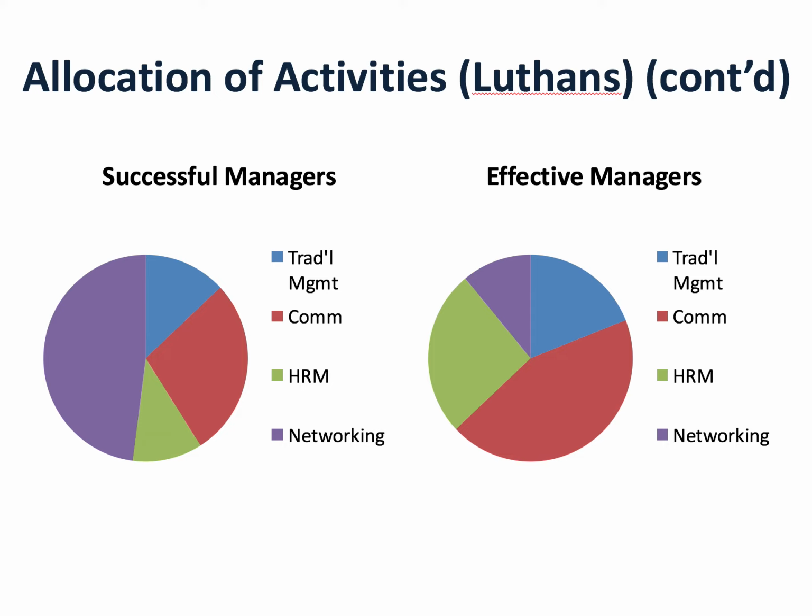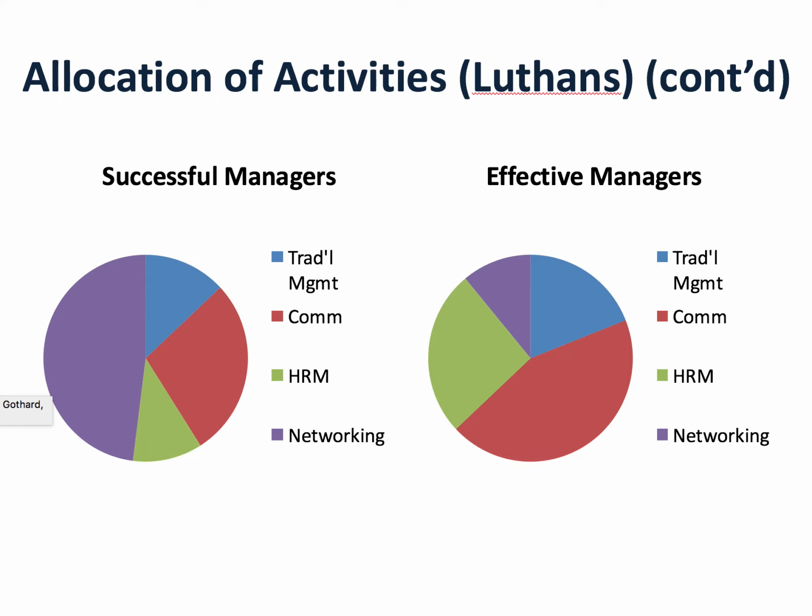Successful managers would be managers who end up getting a fair number of promotions and salary increases. And effective managers would be managers who are deemed to be very good at what they do. And we see that effective managers actually spend a fair amount of time communicating. This is one of the core activities that we see with effective managers.